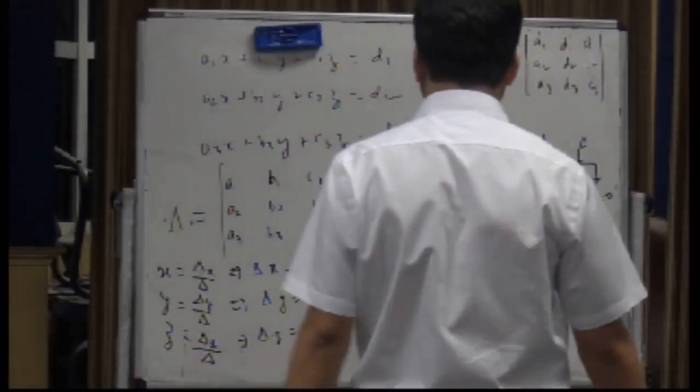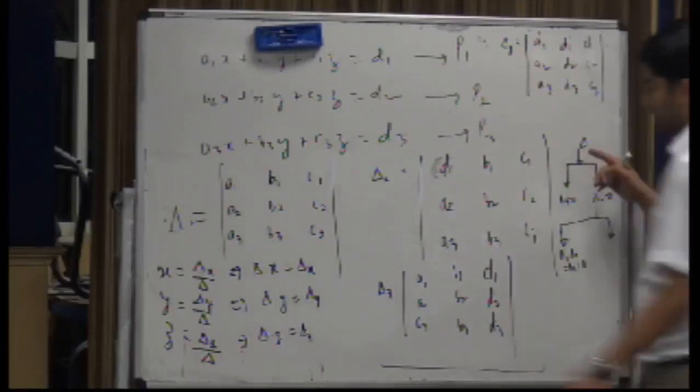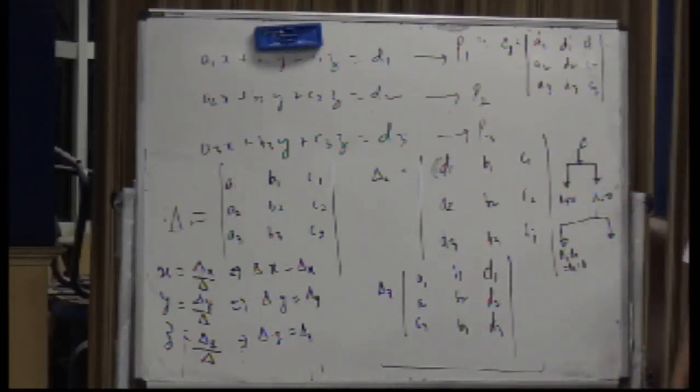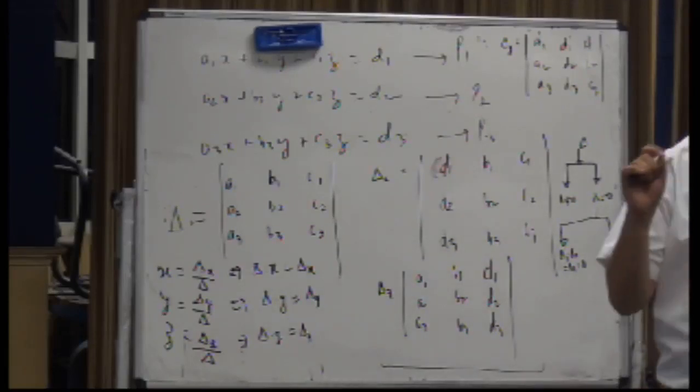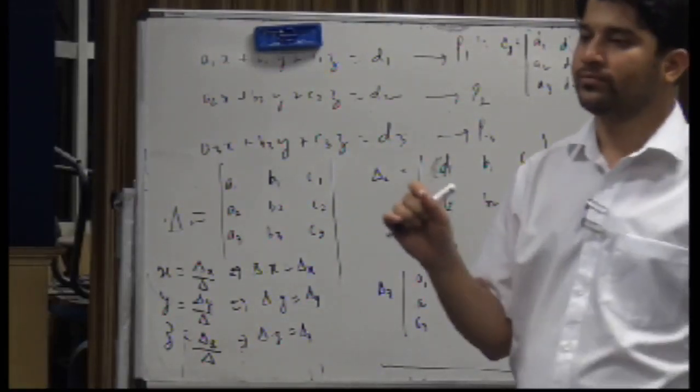And if at least one of the 3 is not 0, if even one of them is not 0, then how many solutions?